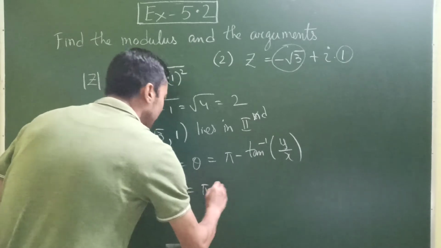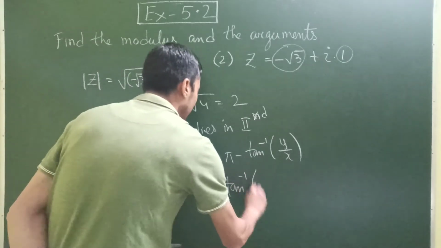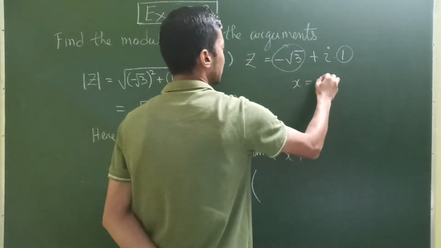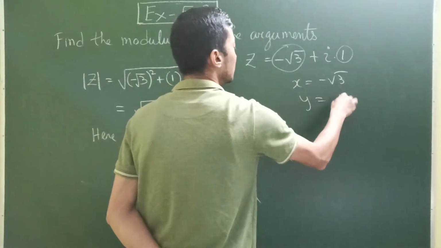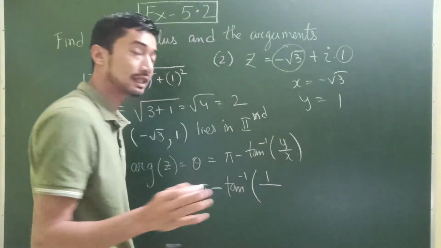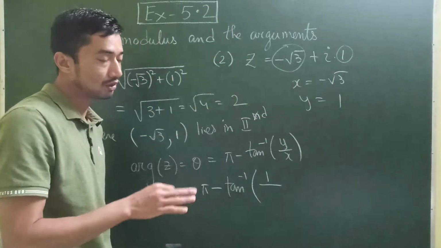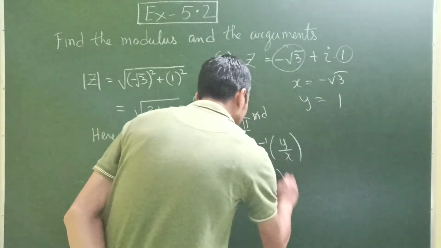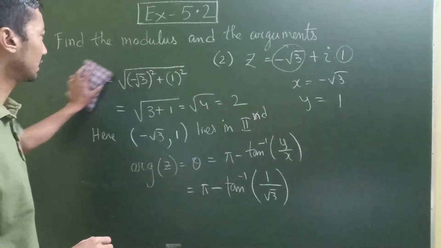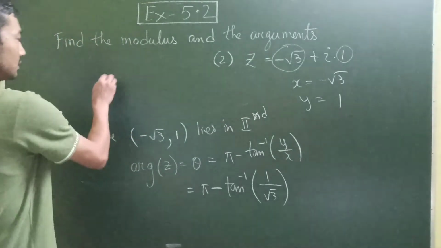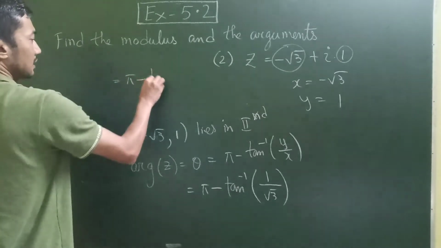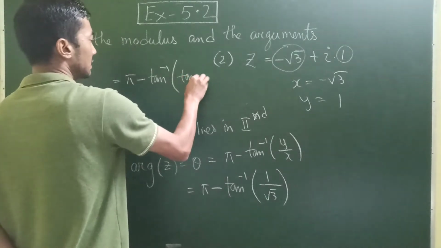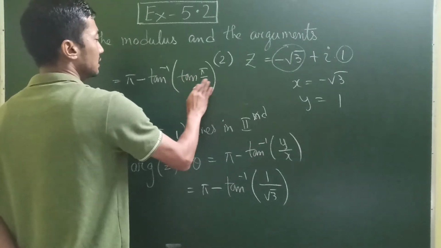So pi minus tan inverse, what is the value of y? X is minus root 3, y is 1. So 1 upon, what did I say in the previous question? Please use positive values only, ignore the negative values. Root of 3. So that's going to be pi minus tan inverse of 1 by root 3, which corresponds to tan 30 degrees.